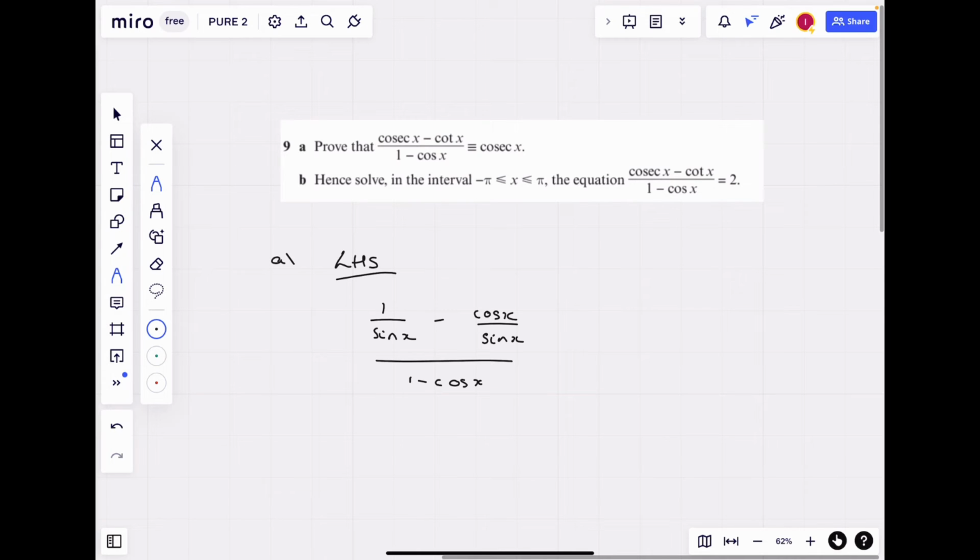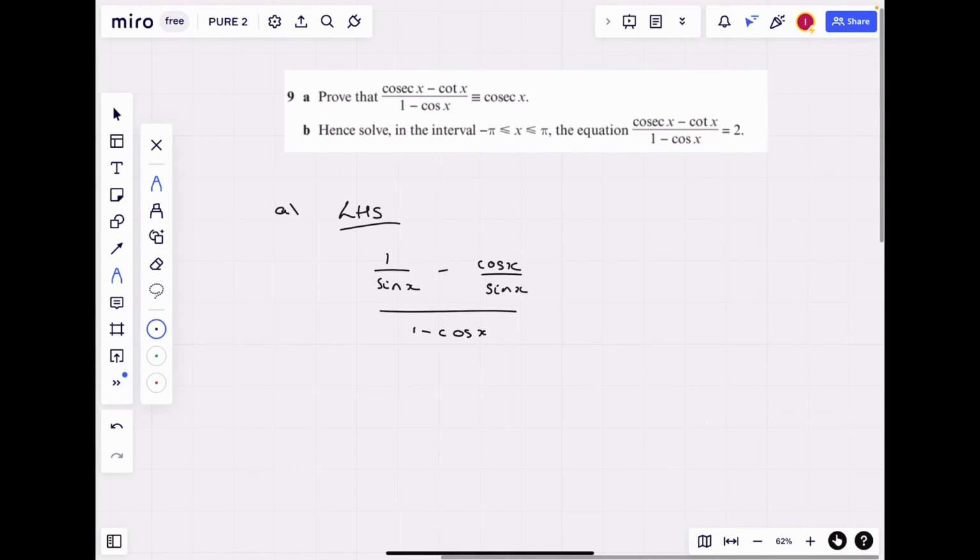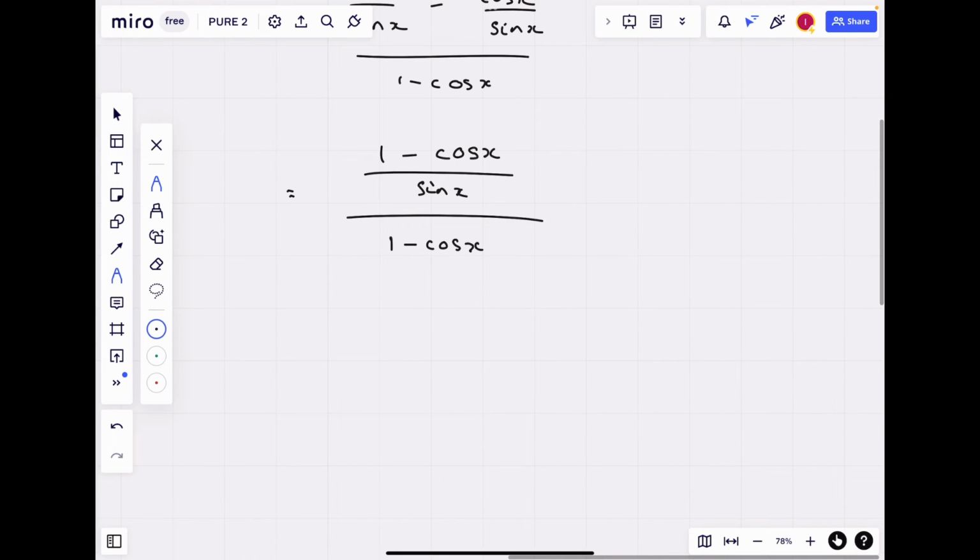Okay, now let's group the numerator. If we group the numerator, we get this. And now from this point, you're doing 1 minus cos x over sine x divided by 1 minus cos x.